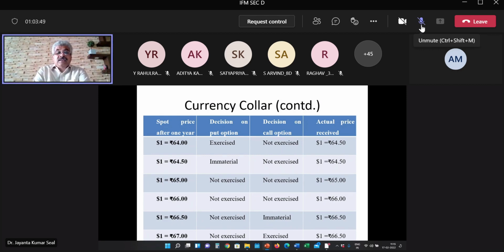If the price is 65, you don't exercise your right. Why? You have the right to sell at 64.5. Market price is more, that is 65. So will you exercise your right? Right, you sell at the higher price. What about call option? Will not be exercised?